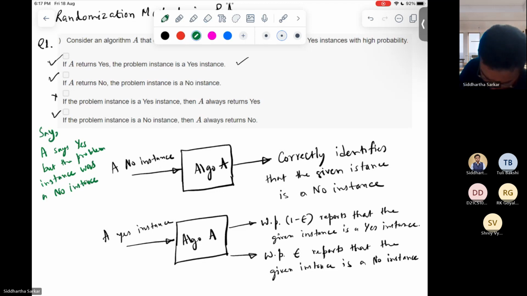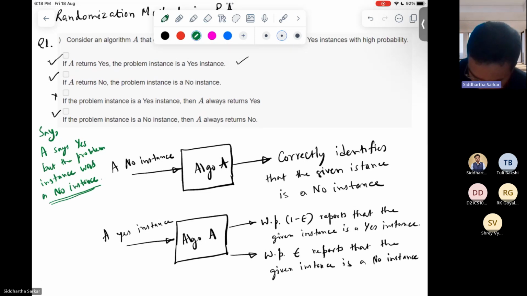Okay. So is it possible that we have a no instance and the algorithm is saying yes? The rule is clear that for any no instance, the algorithm will definitely say that it is a no instance.